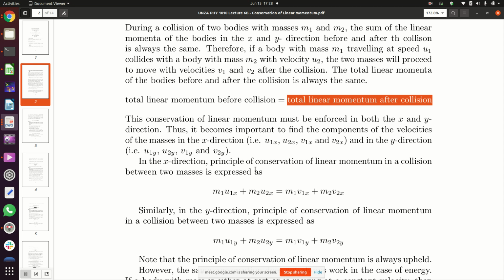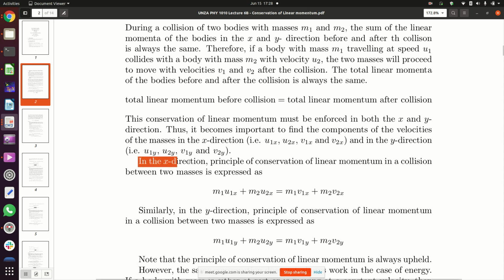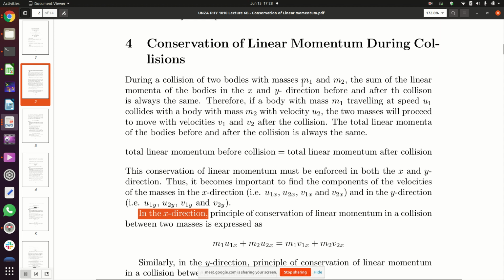Now, the other thing you have to notice also is that what makes momentum to be a vector is the velocity. The velocity is what is a vector. The mass is not a vector. So if you're going to enforce linear momentum conservation along the x direction, then you need to find out before these objects m1 and m2 collide, we know the velocities of these objects. It's u1 and u2.